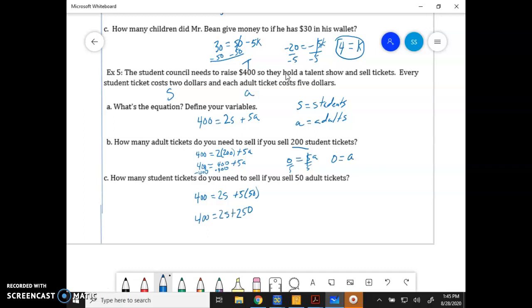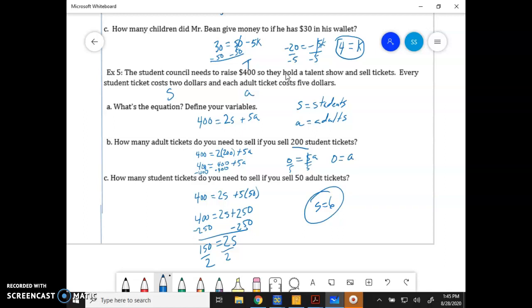I want to isolate this s, so let's get rid of this 250, subtract 250, and I get 150 equals 2s, and I want to isolate s, so I just divide by 2 on both sides. 150 divided by 2 is 75, so there would be 50 adult tickets sold and only 75 students.